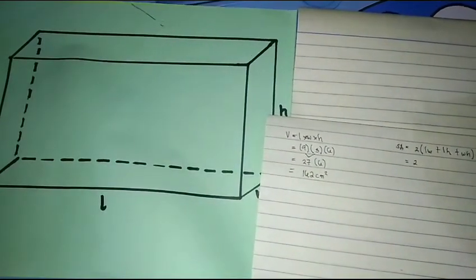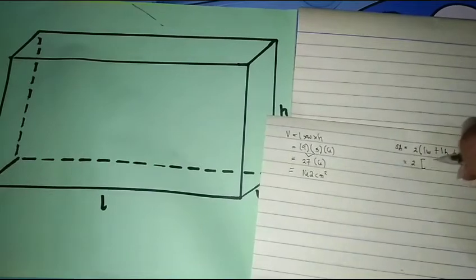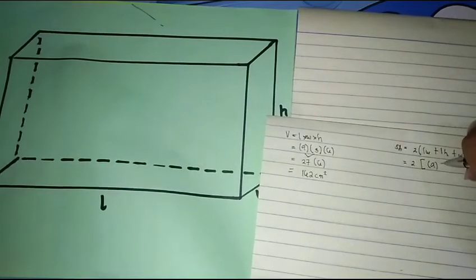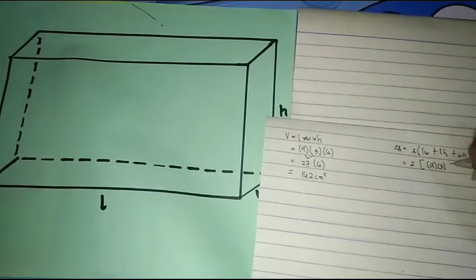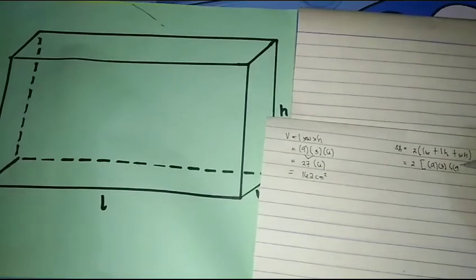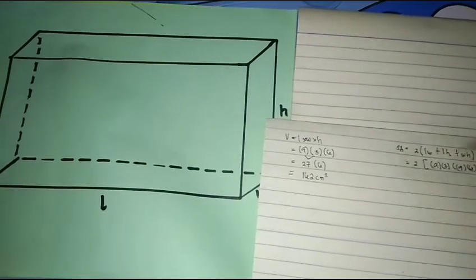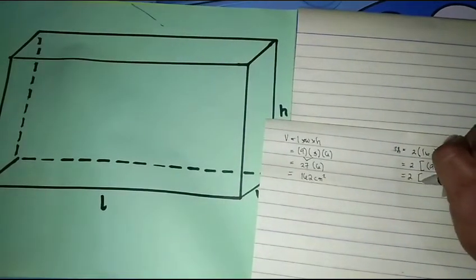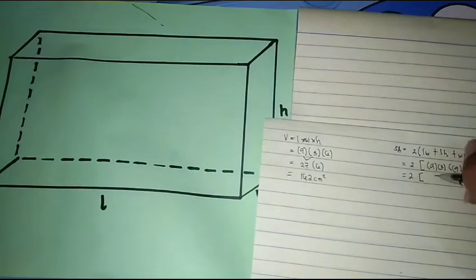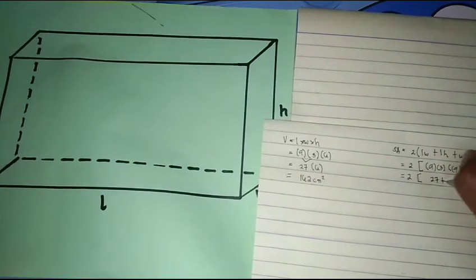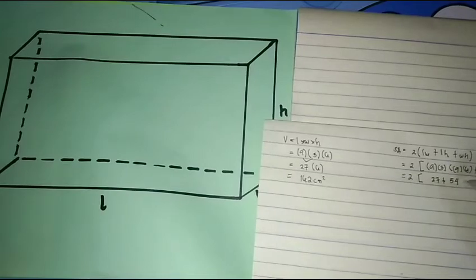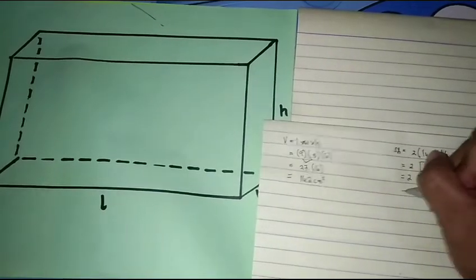We need to substitute its values. We need to multiply 9 by 3, 9 by 6, plus 3 by 6. We multiply one by one to get the values of 27 plus 54 plus 18.